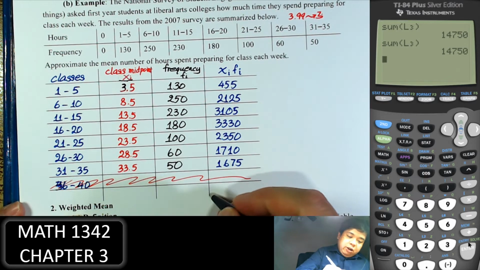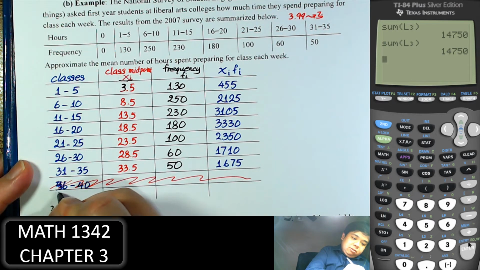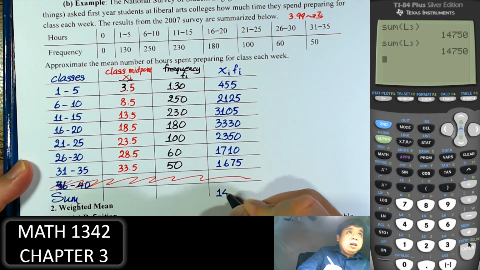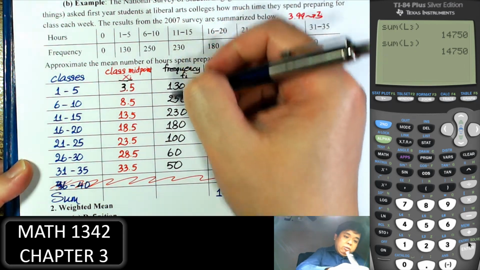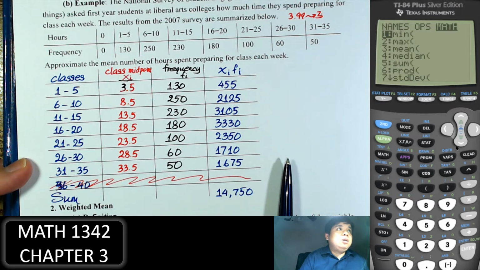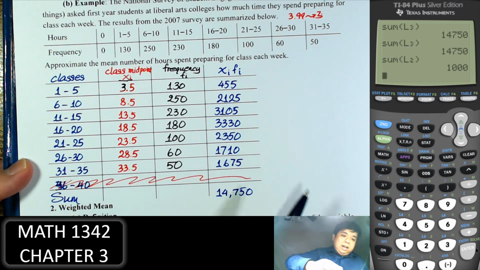If we add all of them up, now the sum of all of this is 14,750, and then we add all of the frequency, that is list 2. We add everything in list 2. That's 1,000.